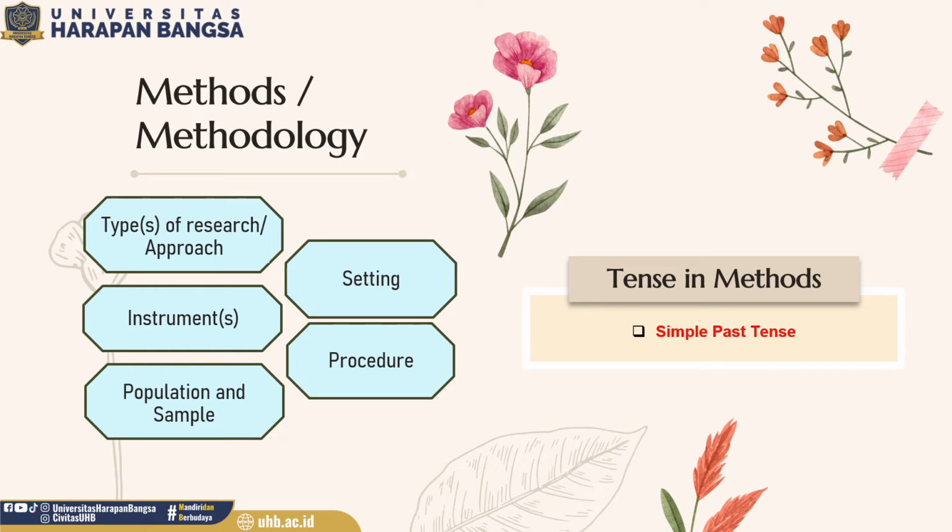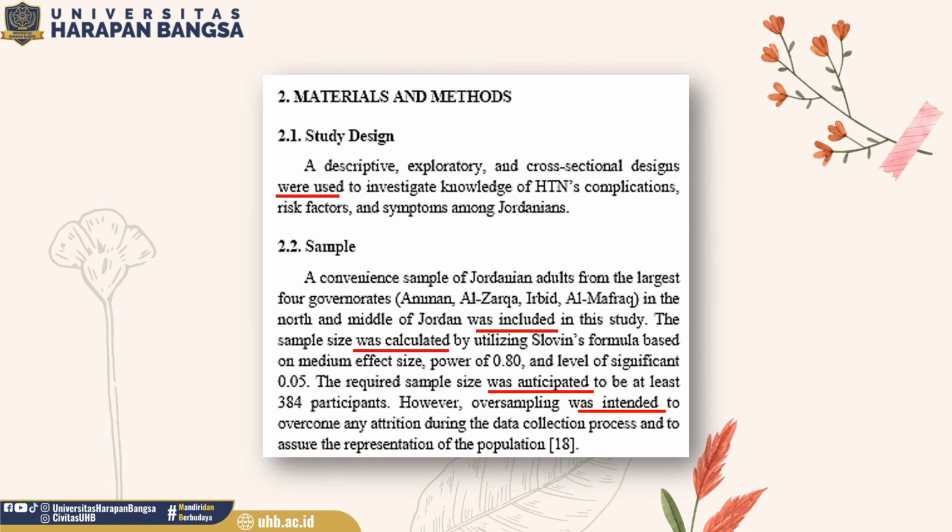Now let's see the example. The red lines are showing the simple past tense. It can be seen clearly that we have the study design and the sample of the research.